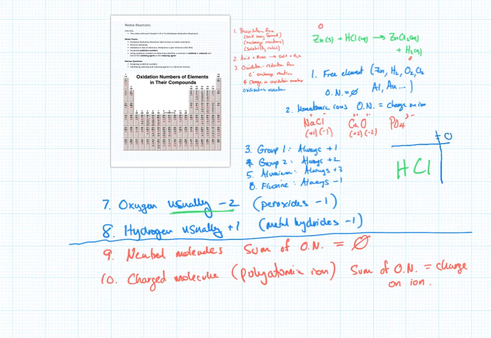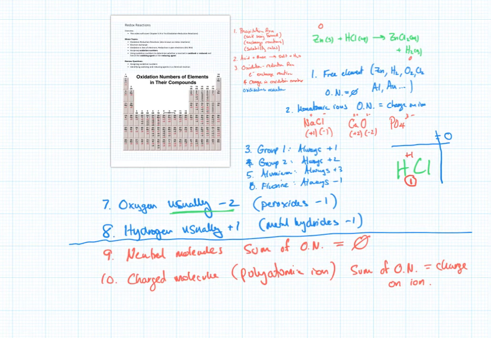I say this whole thing has to equal 0. Then I look at the elements in here and ask, which ones do I know something about? Well, I know something about hydrogen. I was already told that hydrogen is usually +1. So I'm going to assign a +1, and because of the subscript, I know there's only one hydrogen. Here's the thing that students often misunderstand: the oxidation number is assigned to each individual atom.